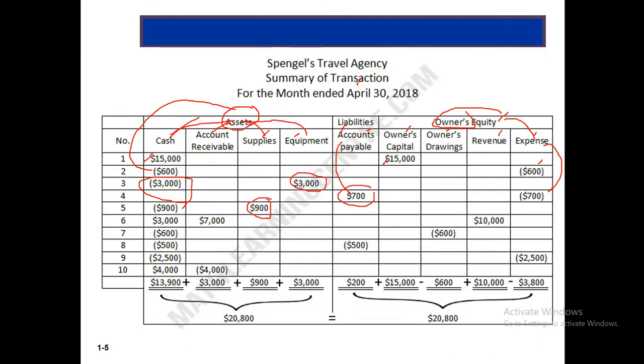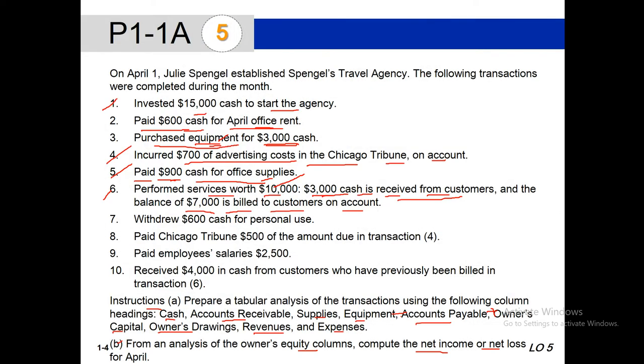So here owner's equity revenue will be increased 10,000, and we have received cash of only 3,000. The asset side cash will be increased 3,000, and accounts receivable will be increased 7,000.